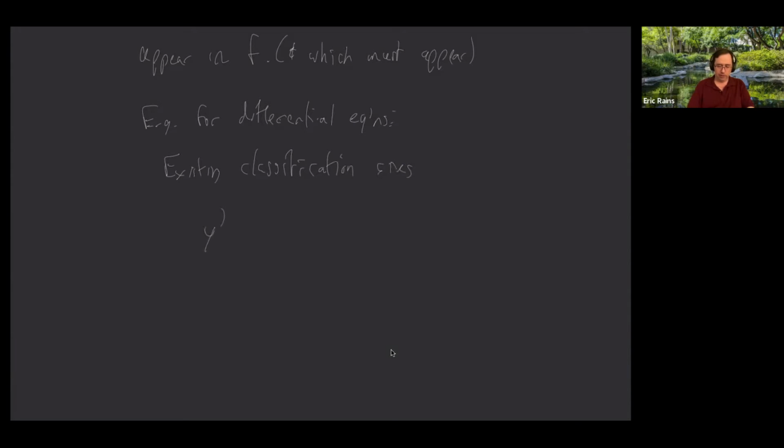gives v prime equals, let's say near x equals 0, v prime equals f of x to the minus 1 over n plus little o of 1 over x, times v, where we actually call this p, where p is a polynomial.